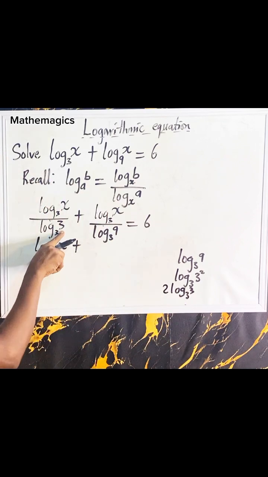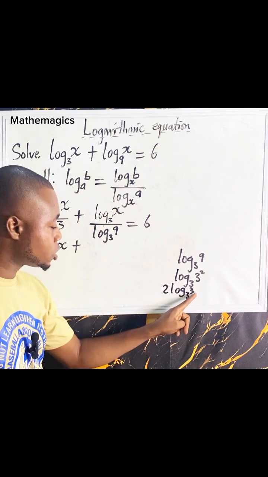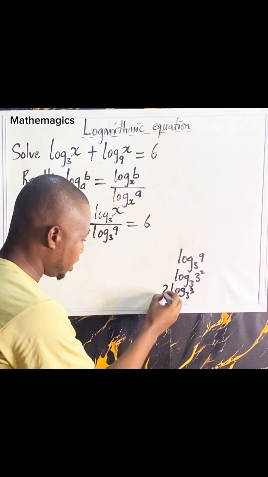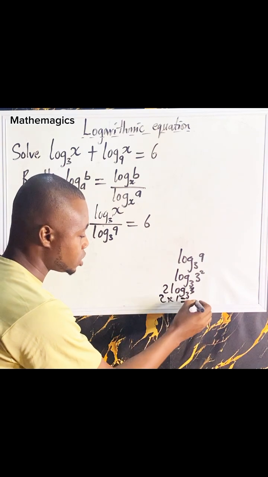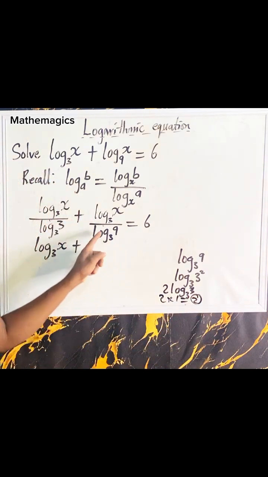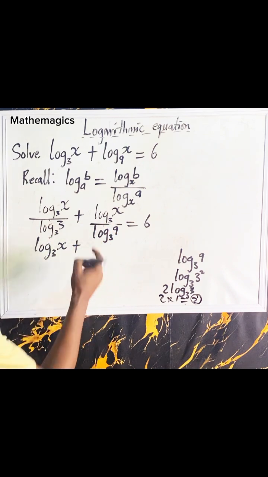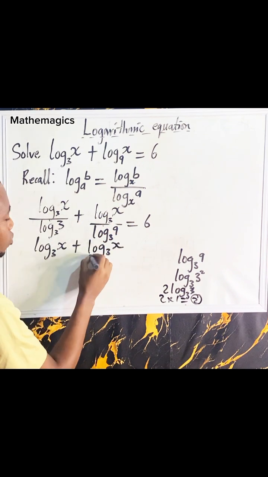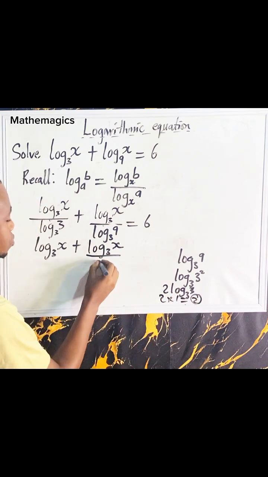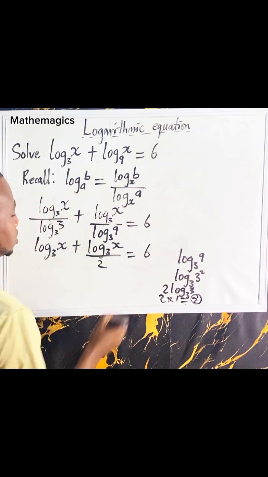Remember what I said earlier: any logarithm to its own base is 1. So I'm having 2 times, remember 3 cancel 3, right? 2 times 1, which is 2. So at this point, what I will have becomes log to base 3 of x over just 2, then equal to 6.